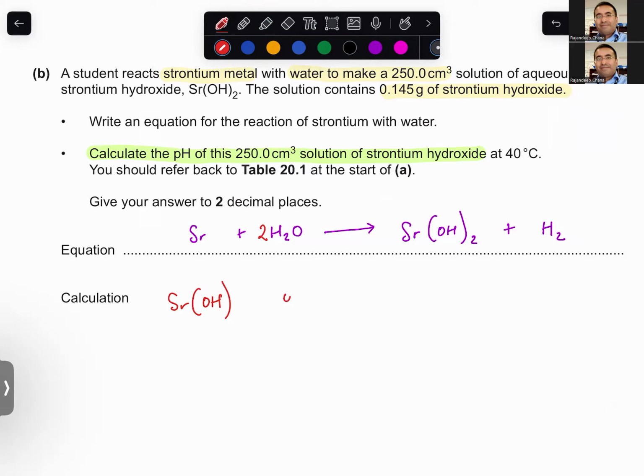We've got 0.145, let's do mass over the Mr of strontium hydroxide.